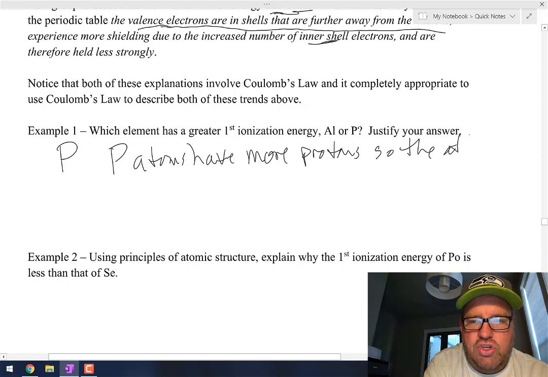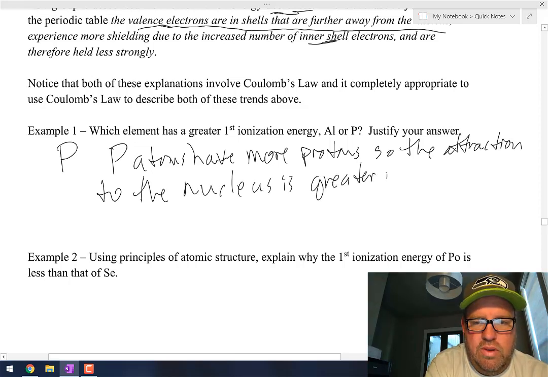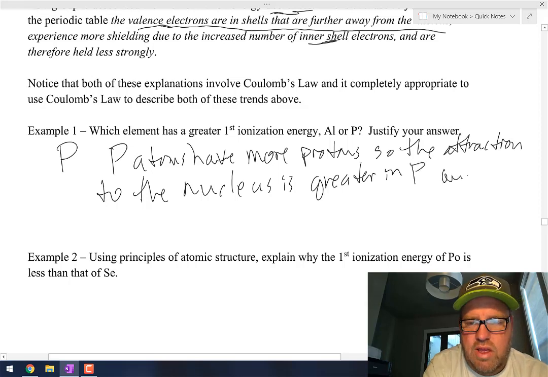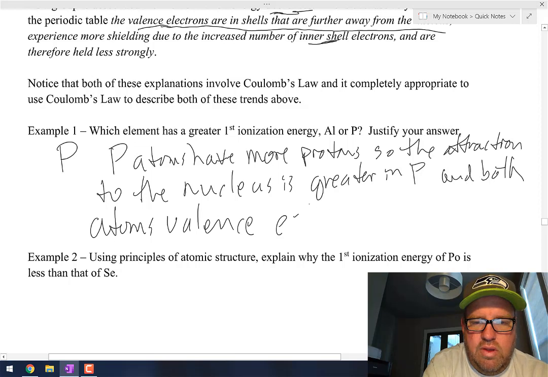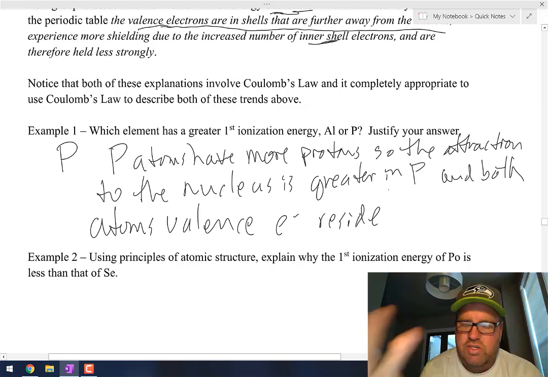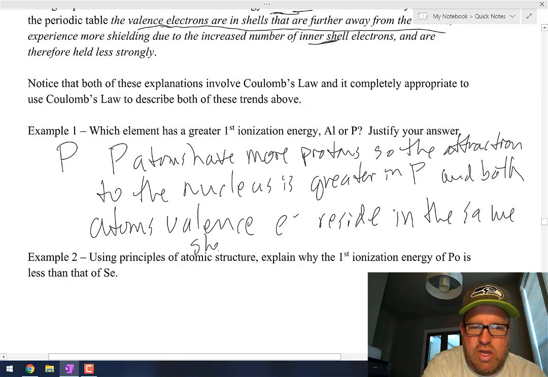So the attraction to the nucleus is greater in phosphorus, and both atoms' valence electrons occupy, reside... Again, there's no perfect way to say this, but there's so many correct ways you could say it. Reside in the same shell.